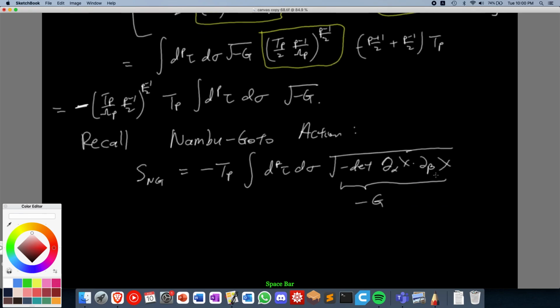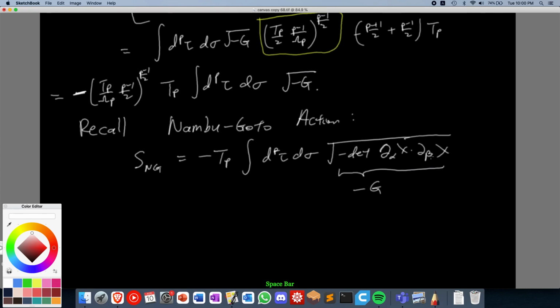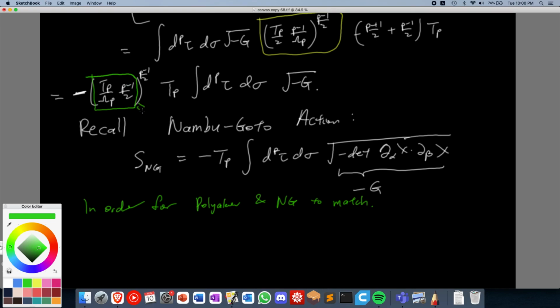So we just need to make sure that in order for the Polyakov and Nambu-Goto to match, this thing must be equal to 1, because we want this guy to equal this guy, and they are only equivalent if this guy is equal to 1.